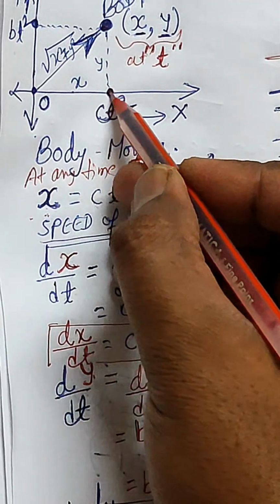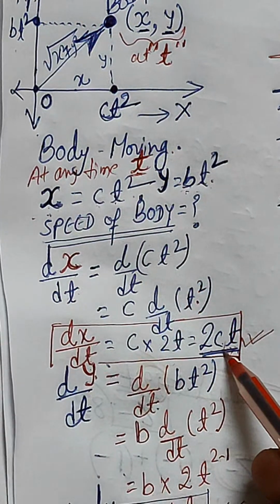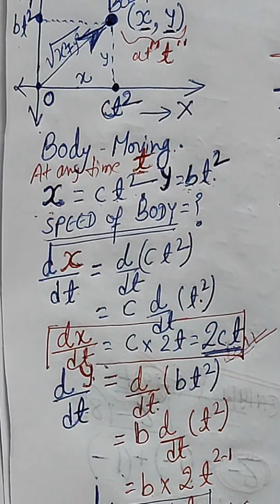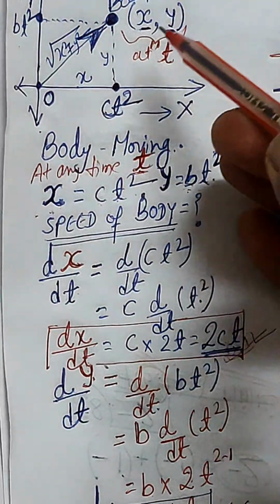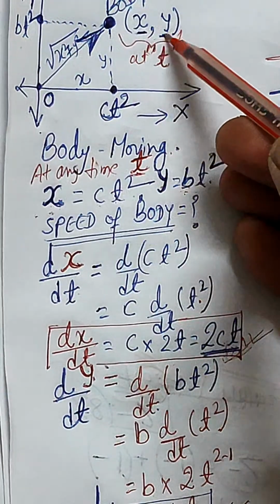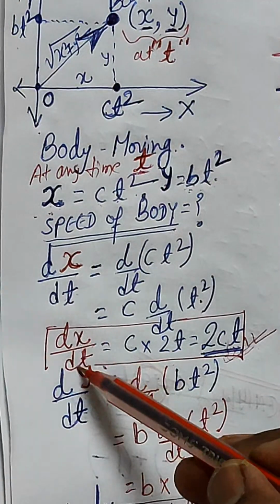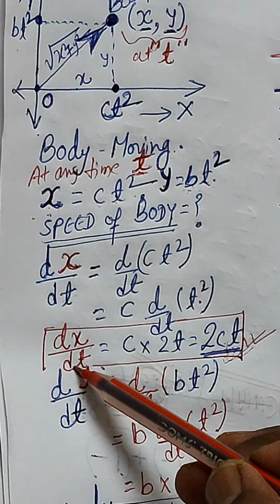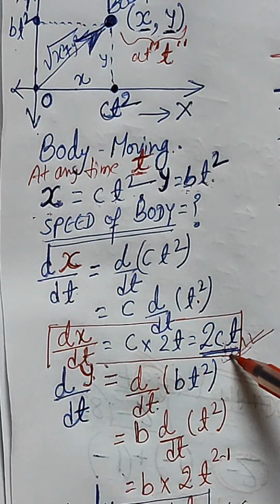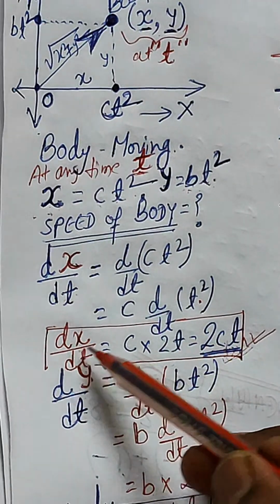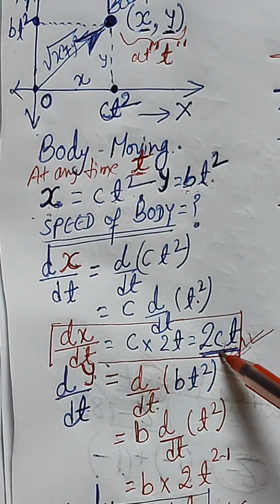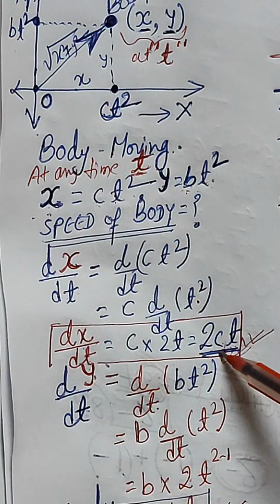Because this x is the position, we need to differentiate it with respect to t to get the velocity. So this is calculated as 2ct.